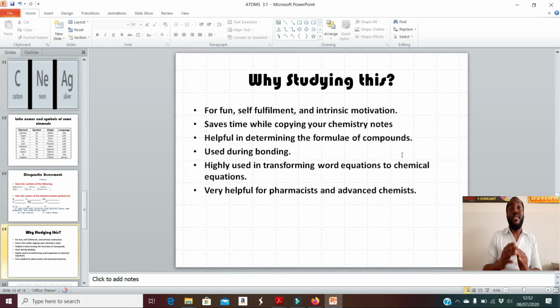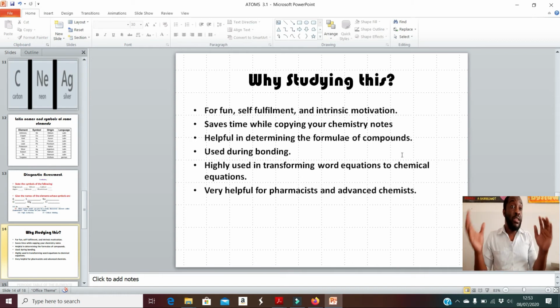Moreover, it also helps us as learners in taking down our notes. Instead of copying down the elements in full, you just write the symbols, and it saves you time and energy. They're also what they use during bonding. So during bonding, you need to apply symbols of elements, and they are very helpful in deriving the formulae of compounds.